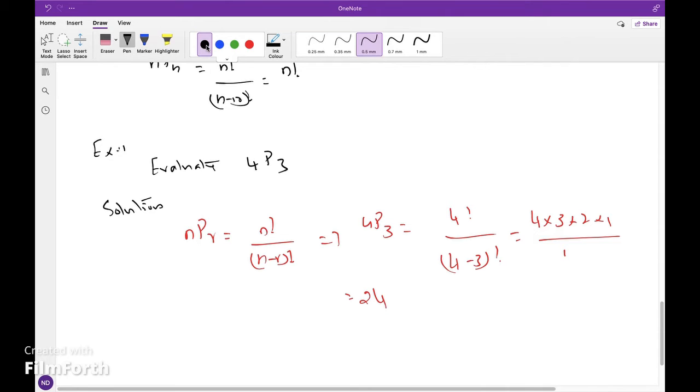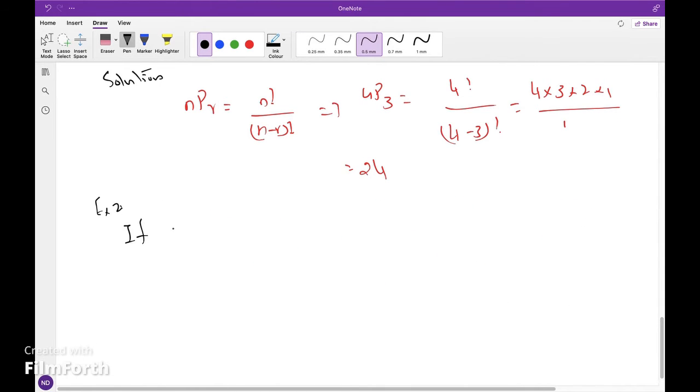Next example. If nP4 is equal to 12 into nP2, then find n.